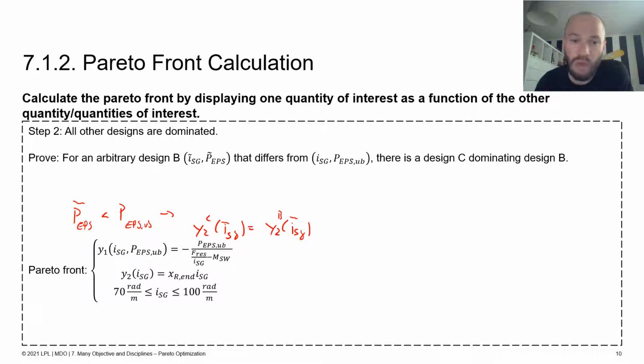And for the first one, we know that since we always need to go up to the upper bound of the power of the actuators.